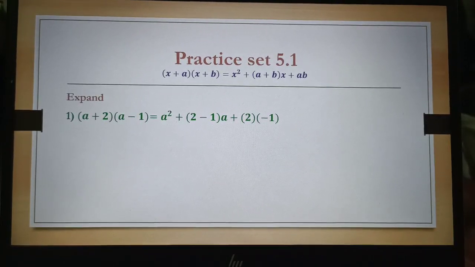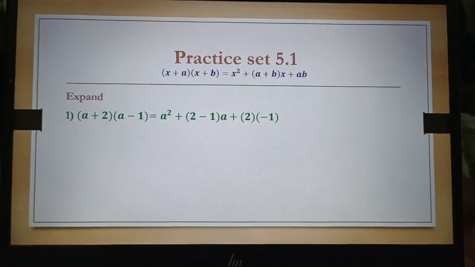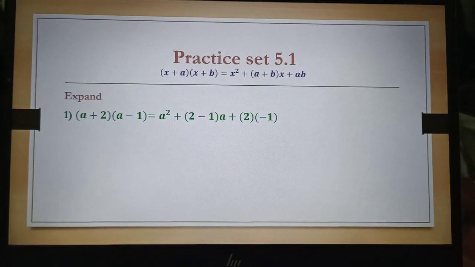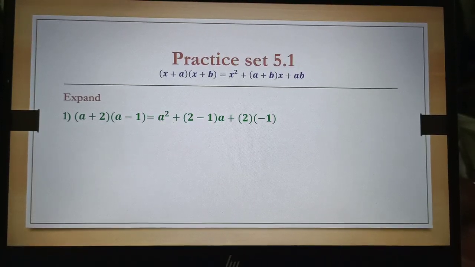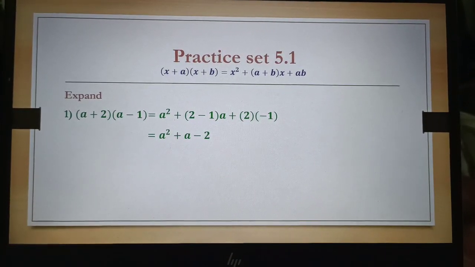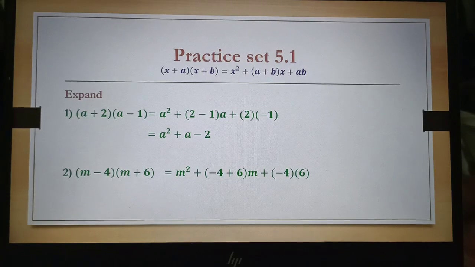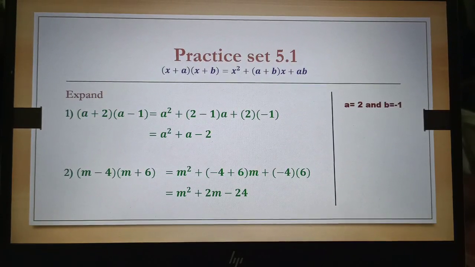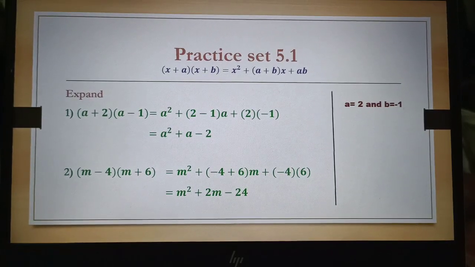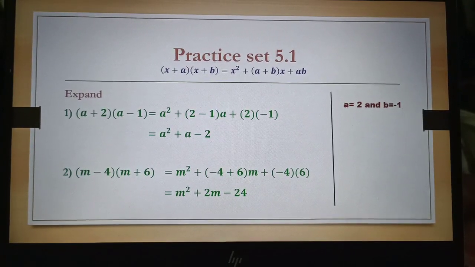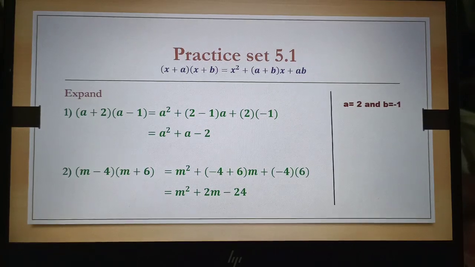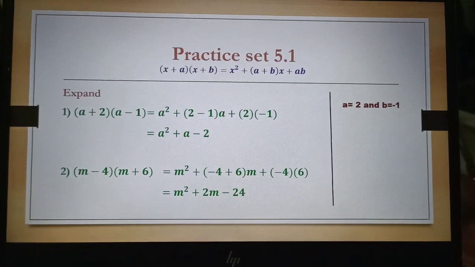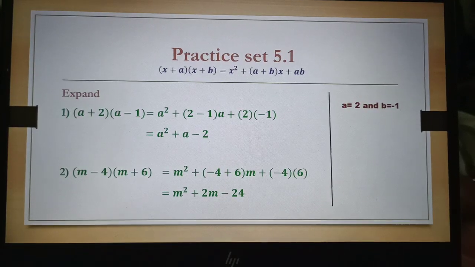First question, a plus 2 into a minus 1 is equal to a square plus 2 minus 1 a plus 2 into minus 1. See here, for the first question, a belongs to 2 and b belongs to minus 1. So instead of a we have to write the value 2, and instead of b we have to write the value minus 1.